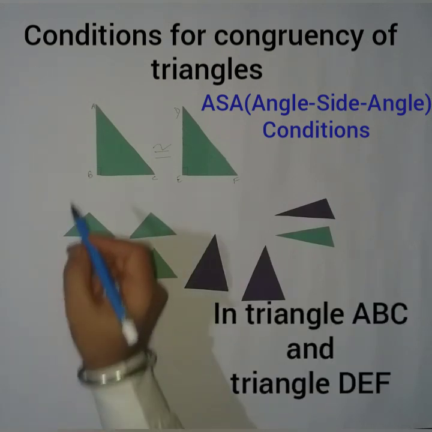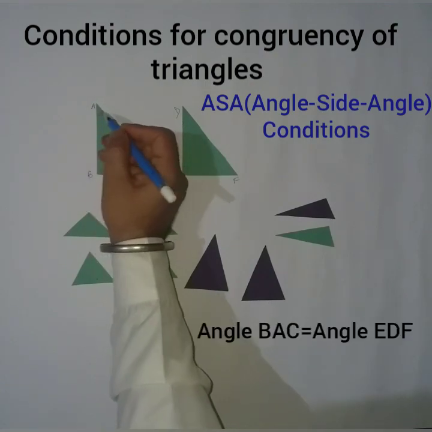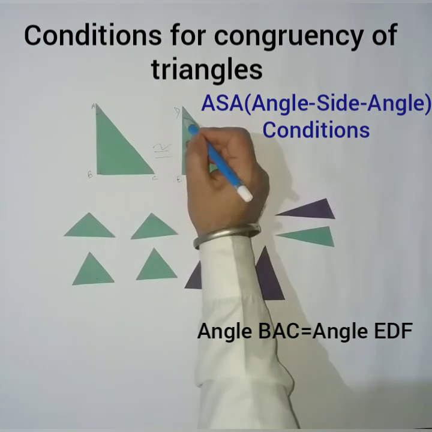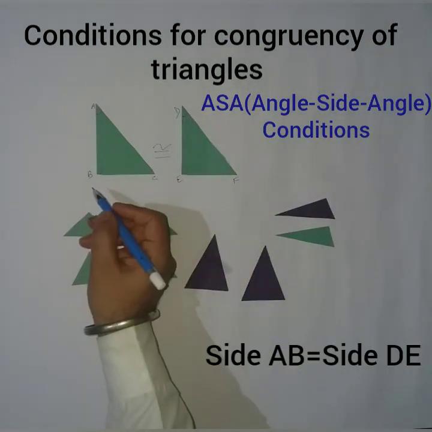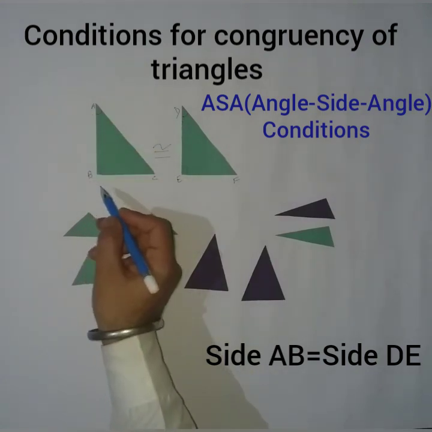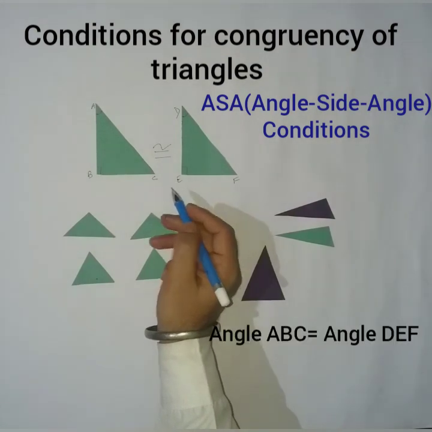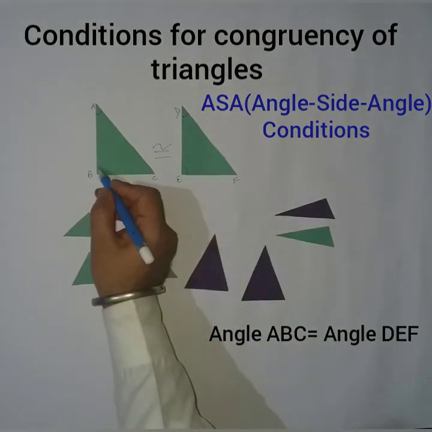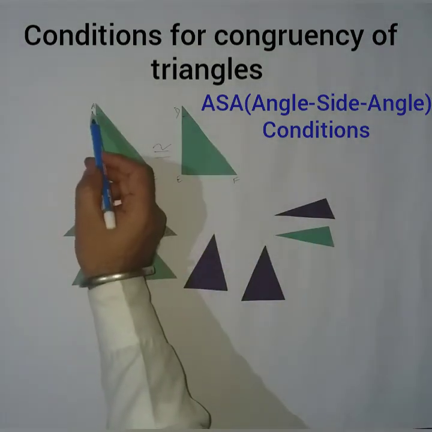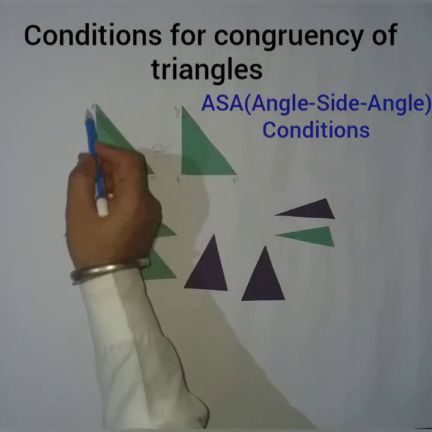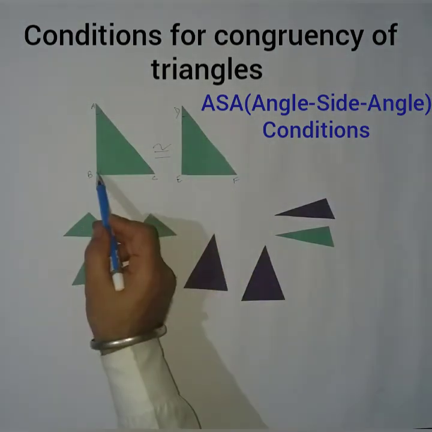We have to see this angle and this angle, then this side AB and DE, and another angle, this 90 degrees.